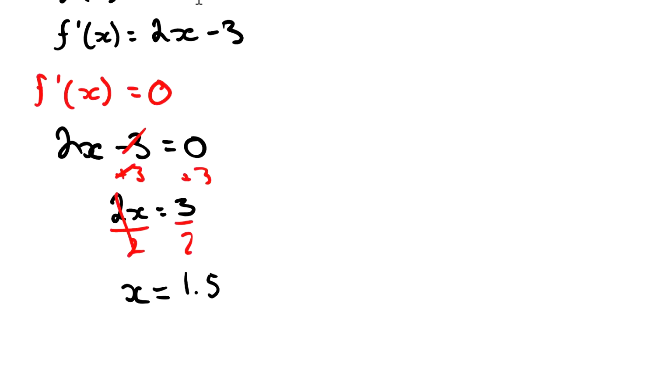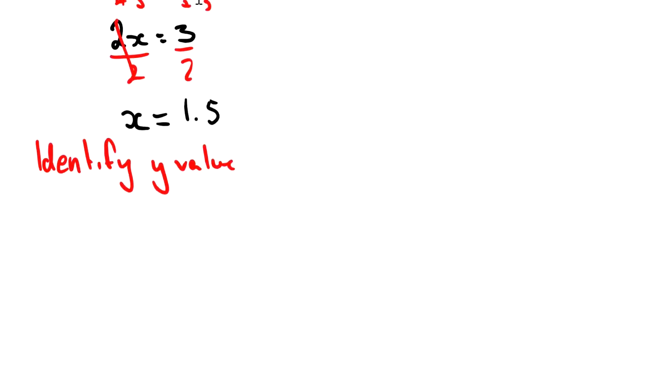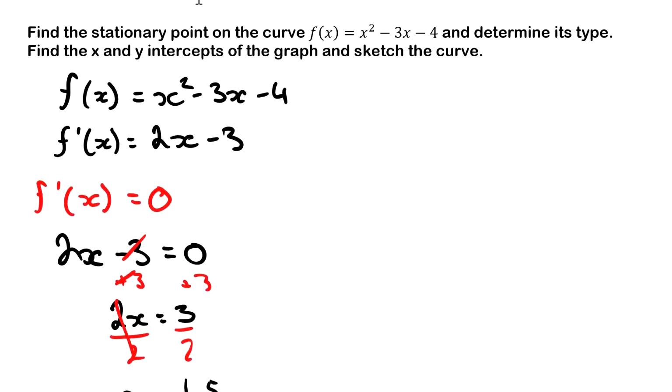So we know there's a stationary point at x equals 1.5. Let's find the y value for this. We do that by substituting that x value back into the original equation.